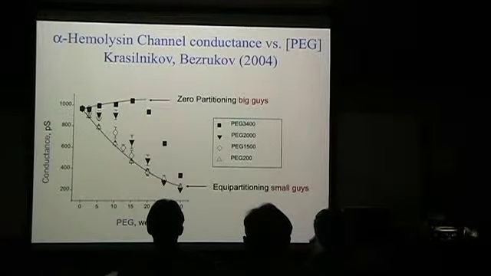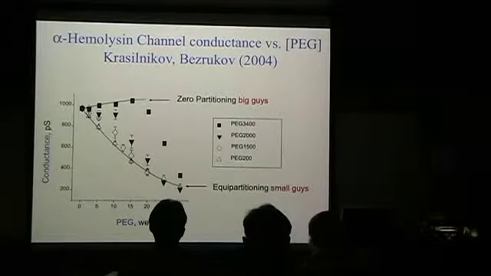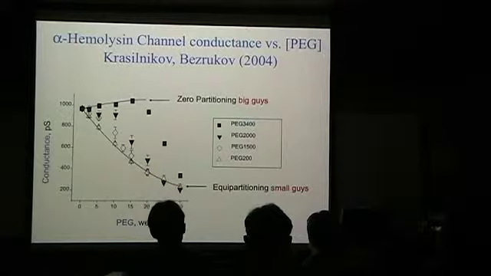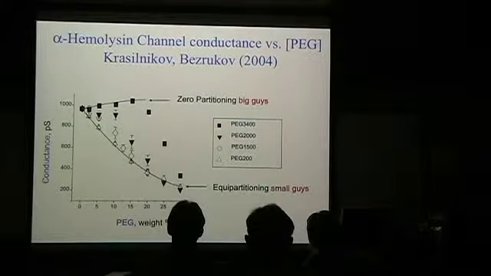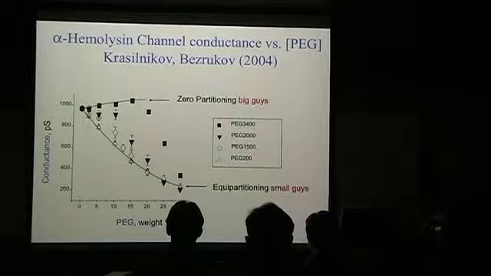The bottom curve is basically as boring as I could make it. Krasilnikov and Bezrukov measured this some years ago. If I look at the conductance versus the concentration of the PEG, I see that there's this nice line, and it doesn't really matter if I have a 200 molecular weight or a 1500 molecular weight molecule.